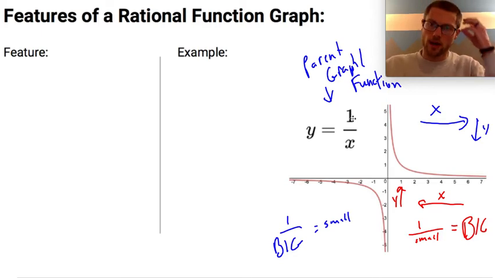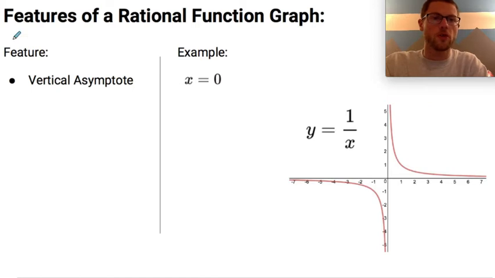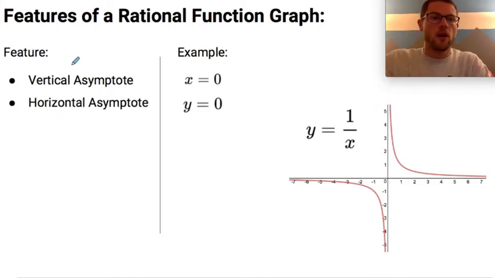So let's talk about the important features that we want to keep in mind for these graphs. Feature number 1, the vertical asymptote is at x equals 0. This can change, but for the parent function, the vertical asymptote is at x equals 0. There is a horizontal asymptote at y equals 0.